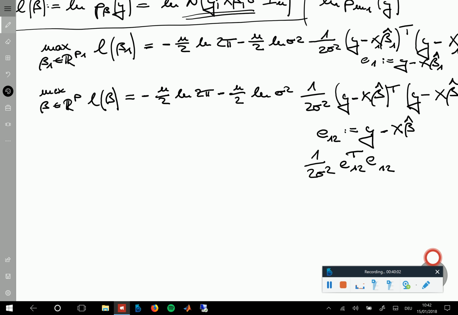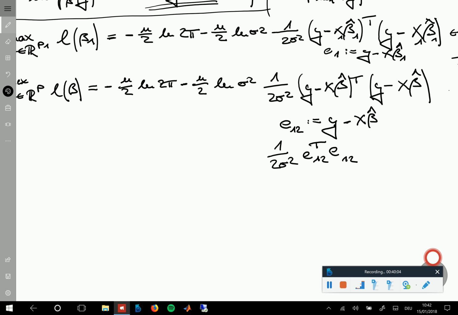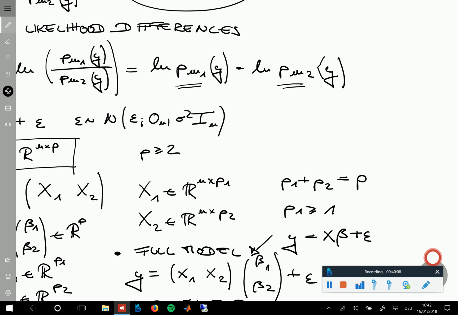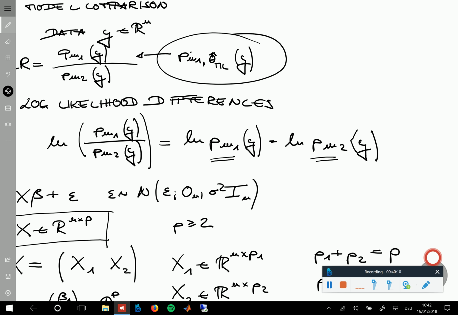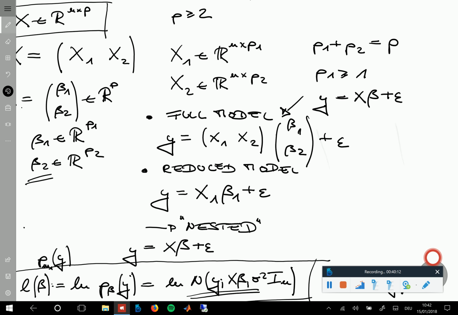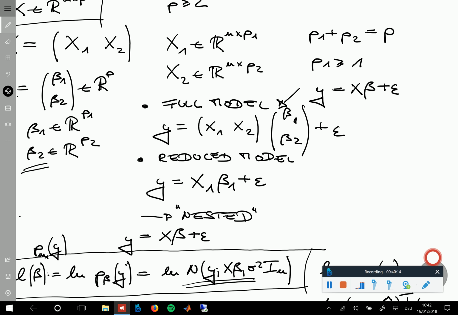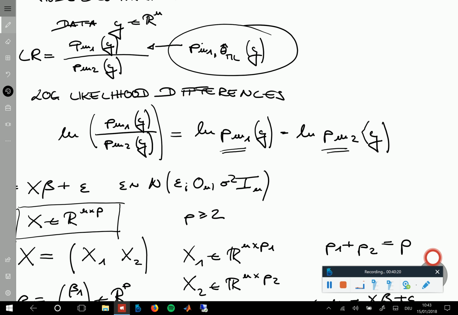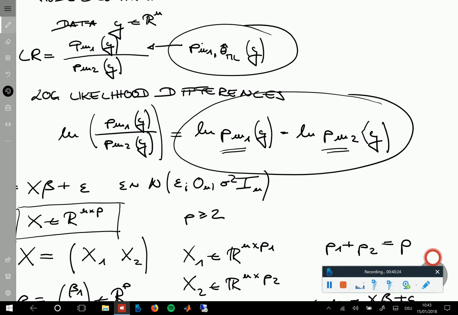And now the last thing that we want to do is to actually evaluate the difference. Where are we? There. So we now want to evaluate this thing here.